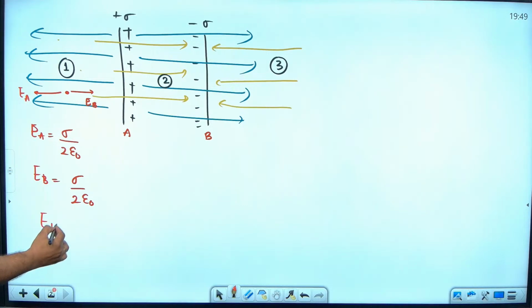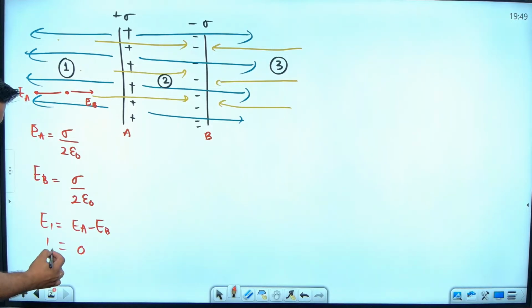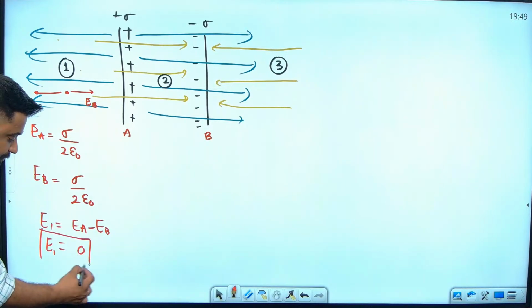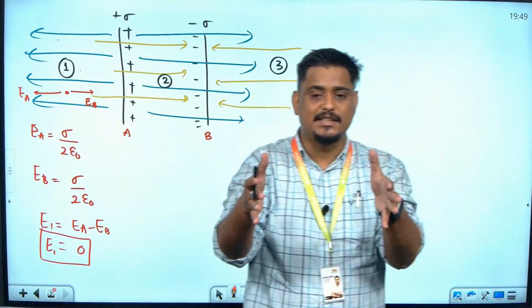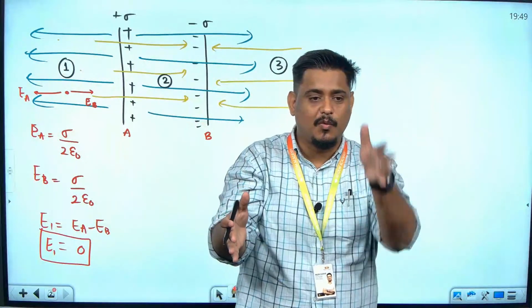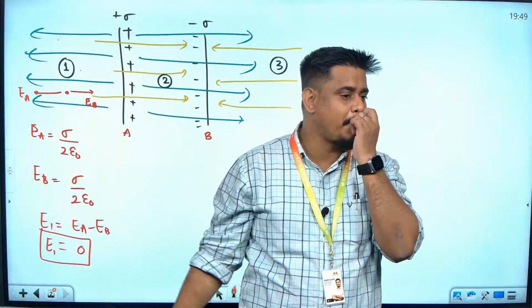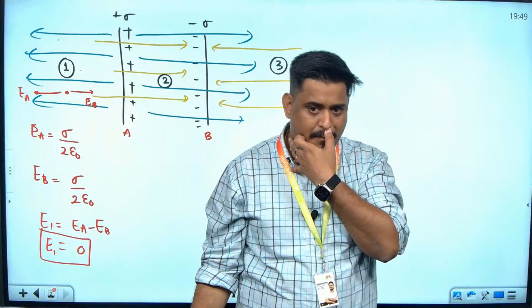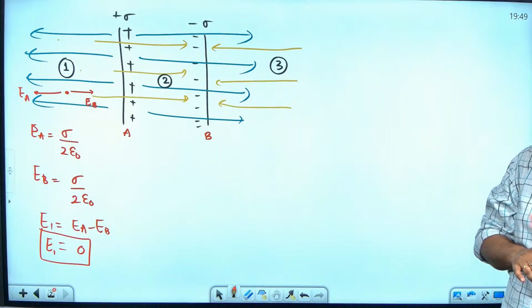Net field at 1 will become EA minus EB, which is going to be 0. Do you agree with me? So, when I made 2 plates, one positively charged plate, one negatively charged plate, outside electric field 0. Now, let us see point 3. I will come to 2 later.